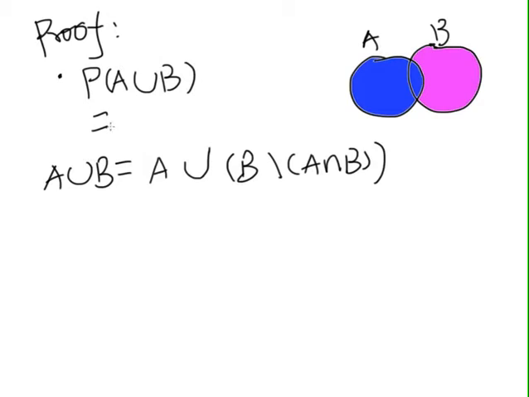So by the third axiom of probability, the probability of A union B is probability of A plus probability of B minus A intersection B.